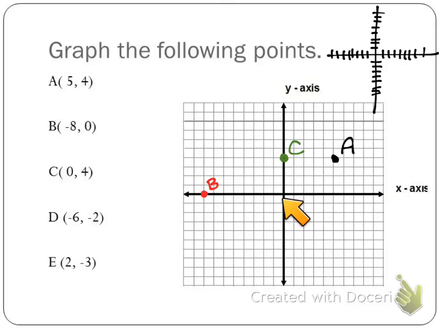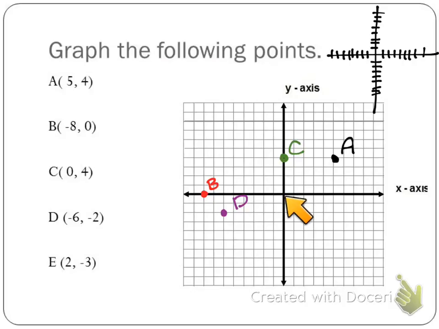Next I have -6, -2. So I start at 0, 0, then what? Left or right first. So first you go left 6. 1, 2, 3, 4, 5, 6. Then you go down 2. 1, 2. And I label that with a D. And finally, we have 2, -3.